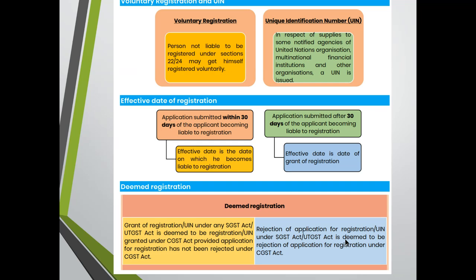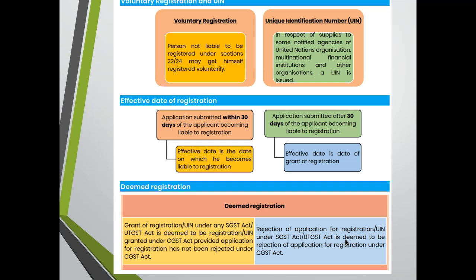In case of mandatory registration, if you have applied within 30 days, then the date on which you were required to get registered would be treated as the effective date of registration. And if you have not applied within 30 days, then the date of getting the registration would be deemed to be the effective date of registration.